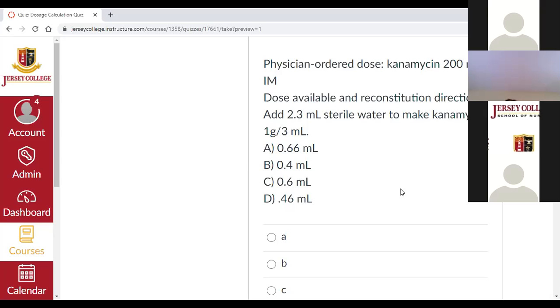I mean, you would have to know what the next number is to round it, okay? But since it came out to 0.6, it would be 0.60 if you were going to write it out like that. Typically, because it's less than 1 ml, it really should be rounded to the nearest 100th, not the nearest 10th, because it's less than 1 ml.